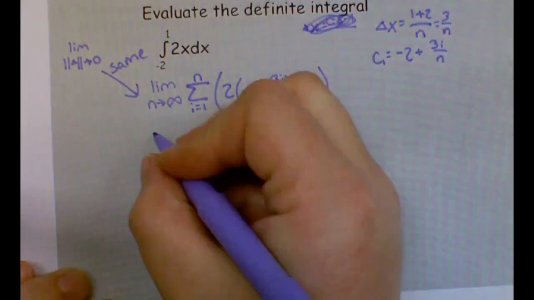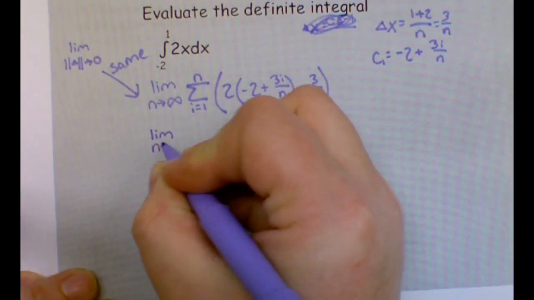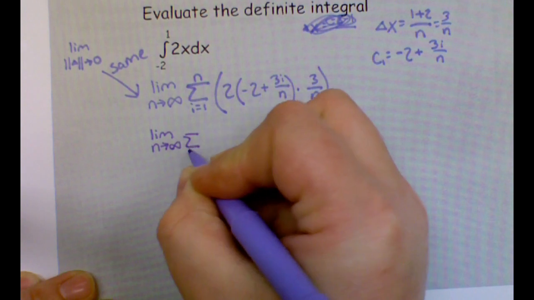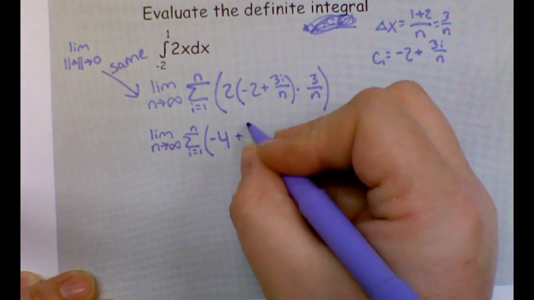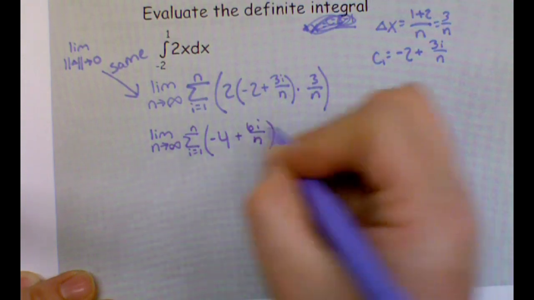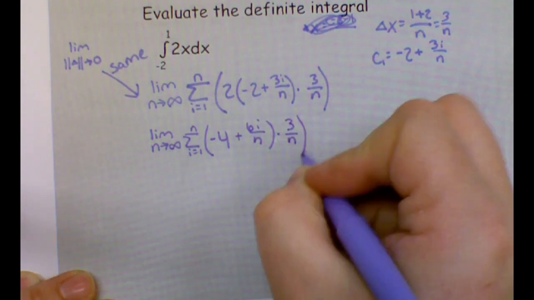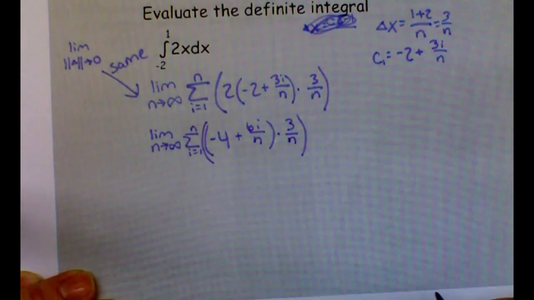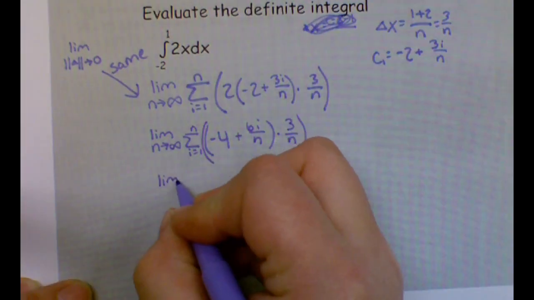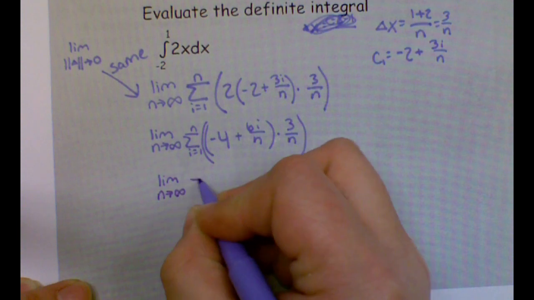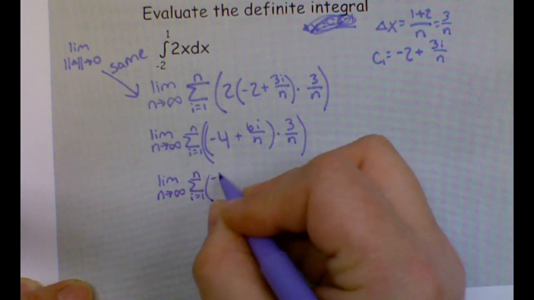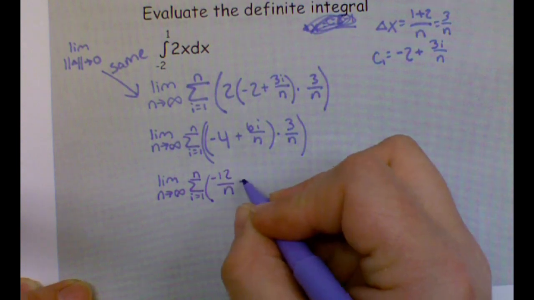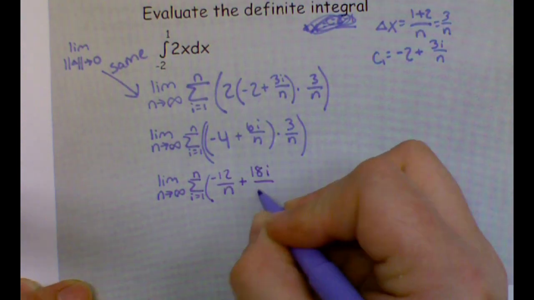So we take the limit as n approaches infinity of the sum from i equals 1 to n of negative 4 plus 6i over n times 3 over n. And that means we're taking the limit as n approaches infinity of the sum from i equals 1 to n of negative 12 over n plus 18i over n squared.